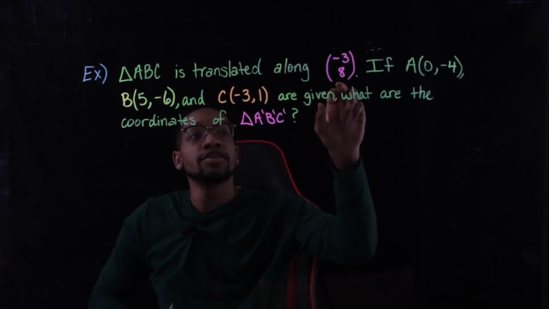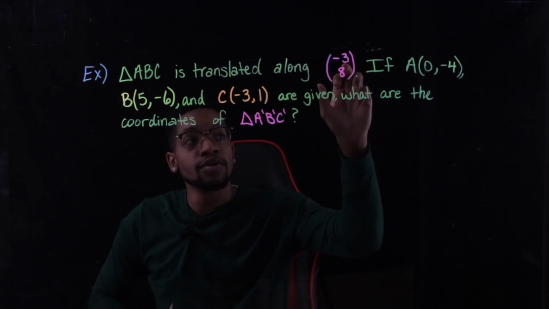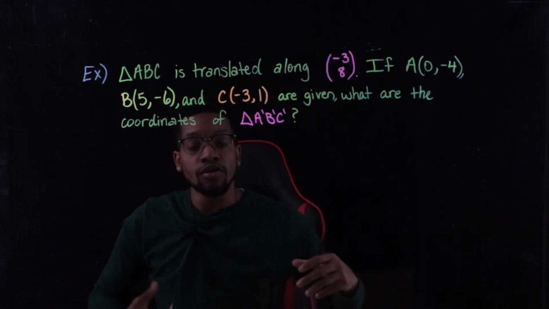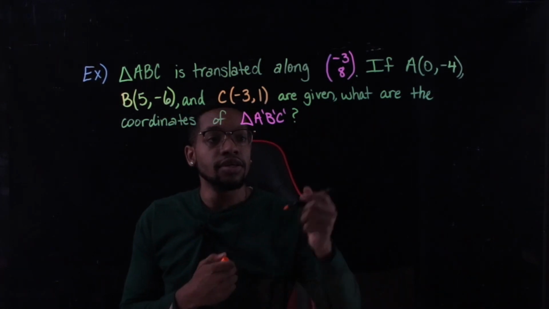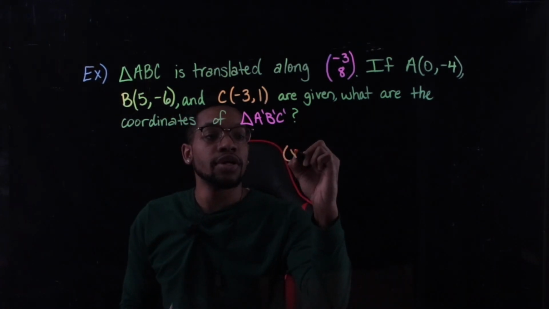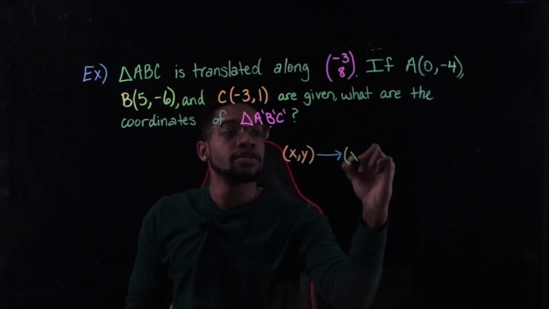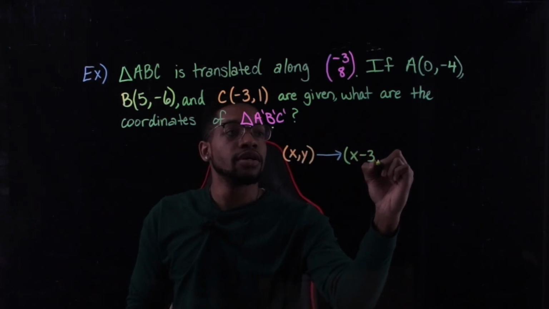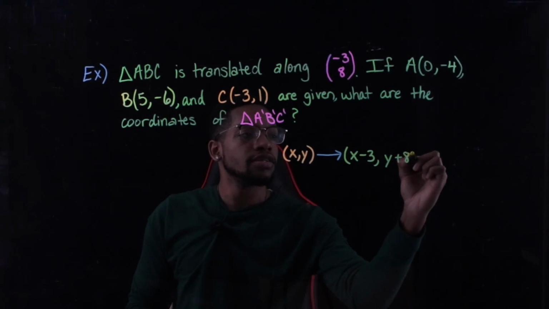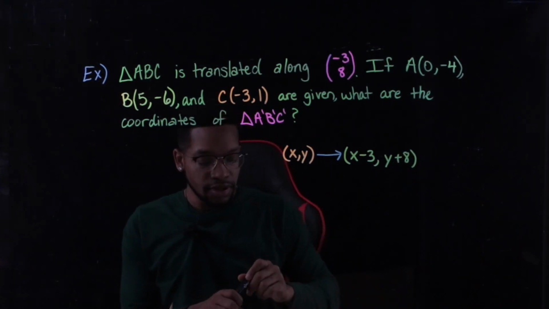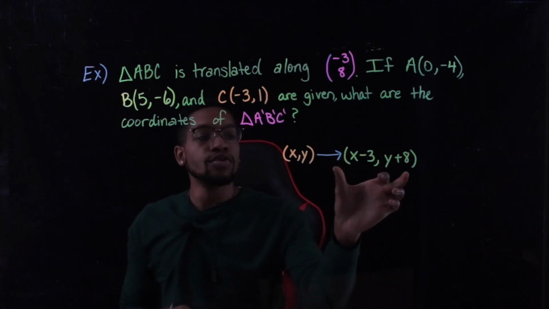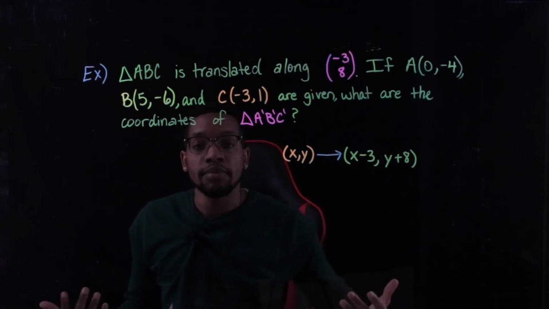So looking at this vector, we know that all of our X coordinates are gonna go to the left 3 and up 8. So our rule can be, we take some point X comma Y, and then you already know that we're gonna subtract 3 from the X coordinate and add 8 to the Y coordinate. And so if we know this rule, we can easily find A prime, B prime, and C prime.